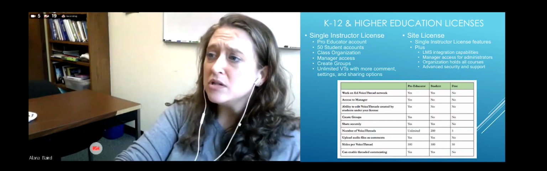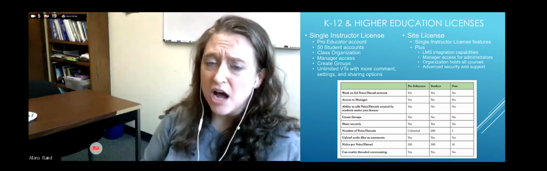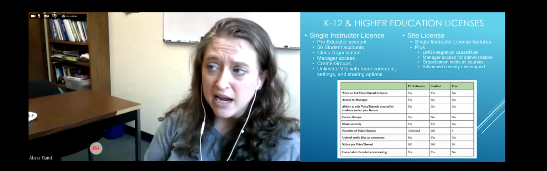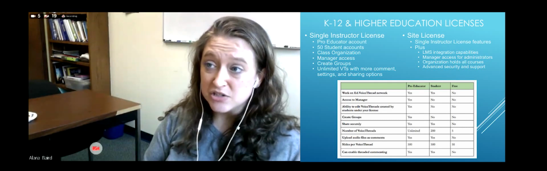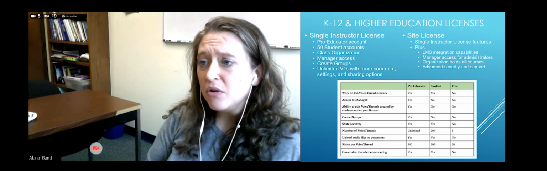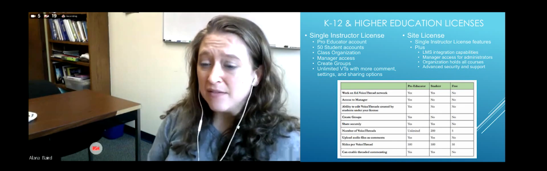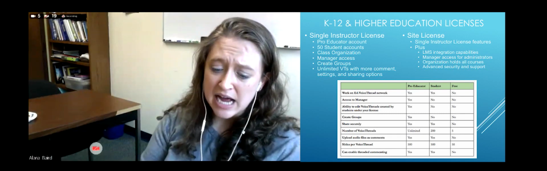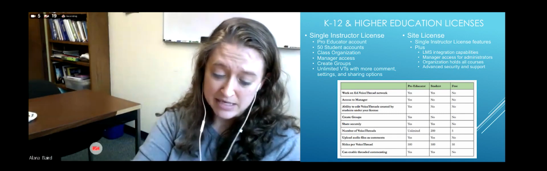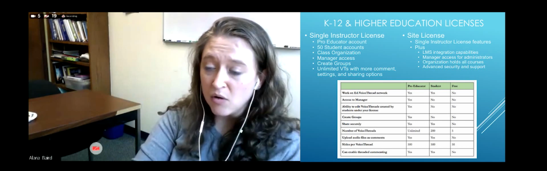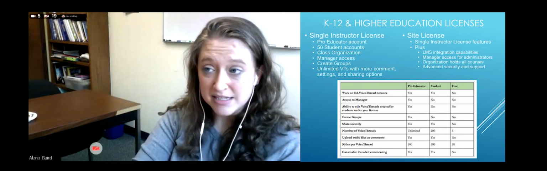But if you were to decide to adopt or buy a single instructor license, then you could have these different features, like a student account where you assign them different assignments, a watch, a create, or a comment assignment.